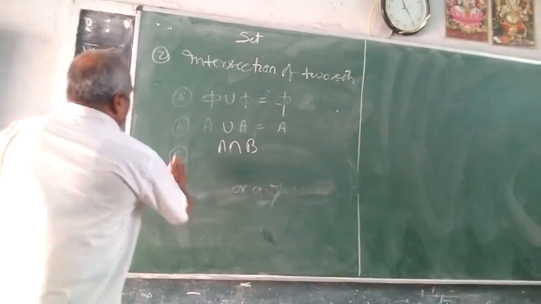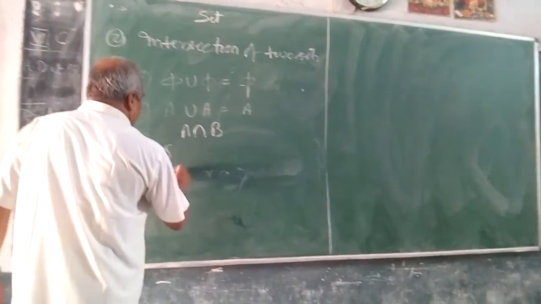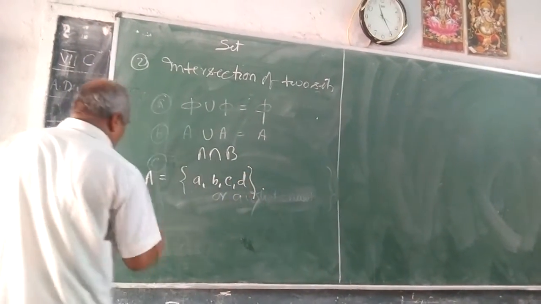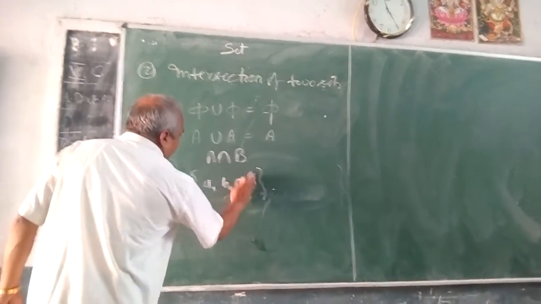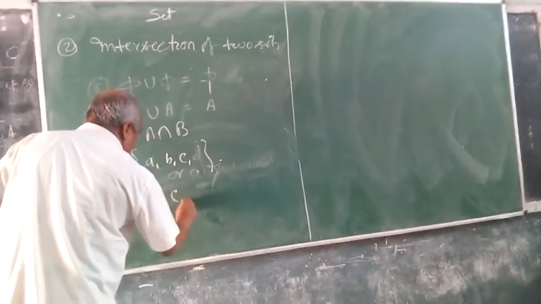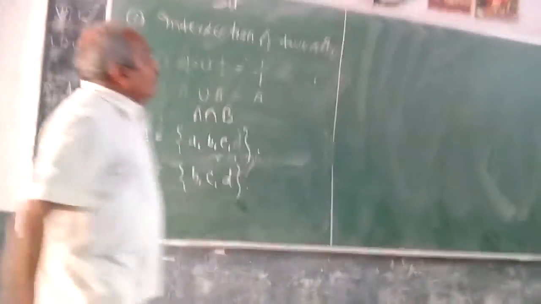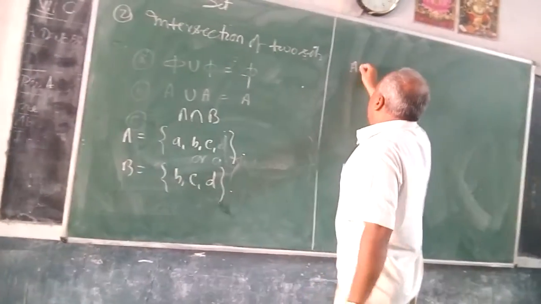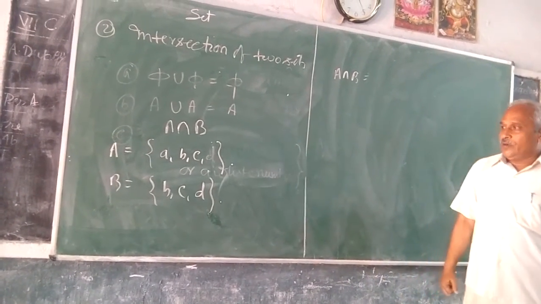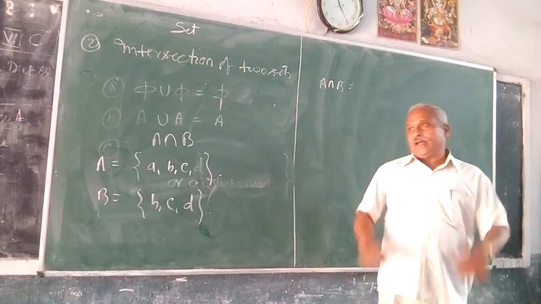Now, suppose we take the previous example, A is a set having the elements A, B, C, and B is a set having the elements B, C, D. These are the two sets. Now, we want to find A intersection B. In A union B, all the elements of A and B were assembled, taken together.